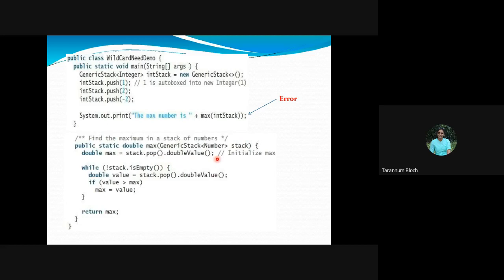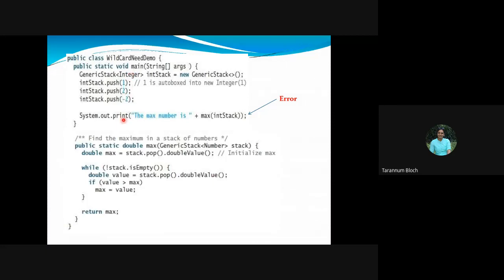We are initializing the max, and we said while the stack is not empty, we are going to take double value equal to stack dot pop dot double value. If value is greater than max, then give value inside the max variable and return the max, right?